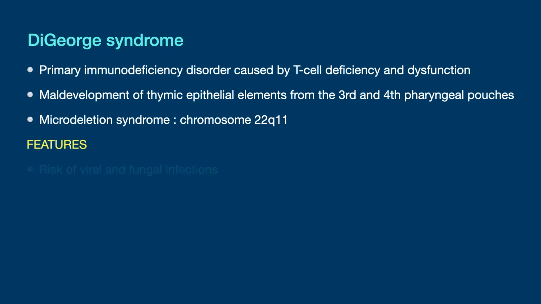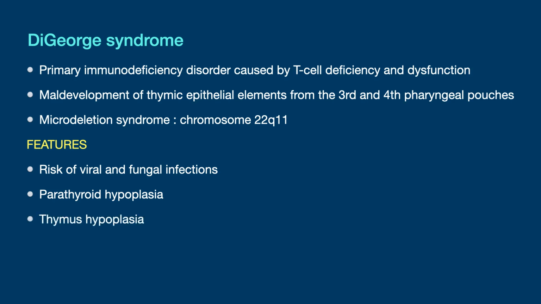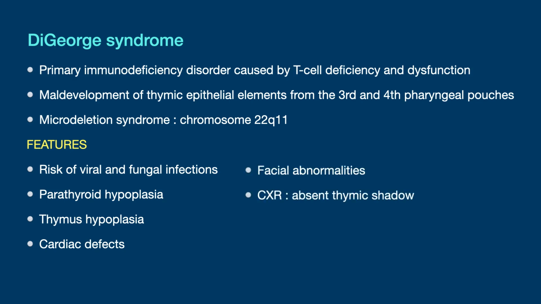Features include risk of viral and fungal infections, parathyroid gland hypoplasia, thymus hypoplasia, cardiac defects, facial abnormalities, chest X-ray showing absent thymic shadow, and low levels of serum calcium and parathyroid hormone.